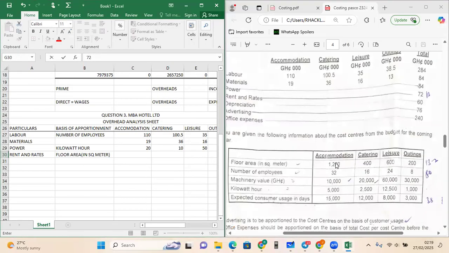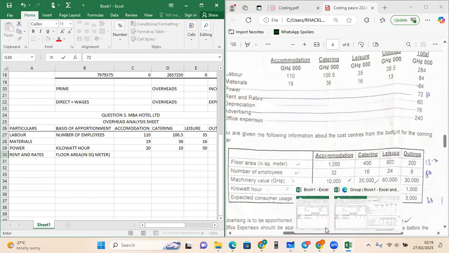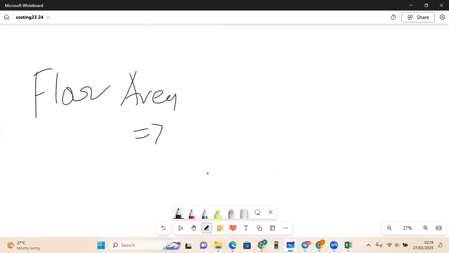The floor area, 1000, 1200, 400, 600, and 200. So the same thing here.